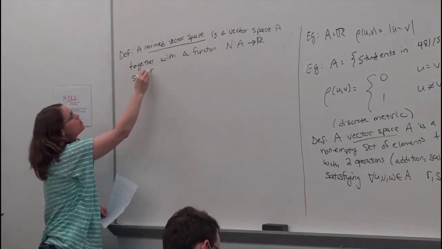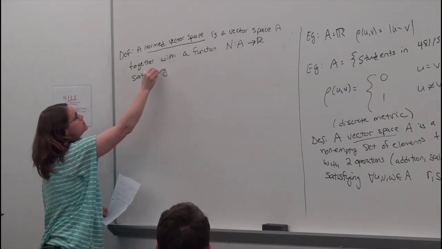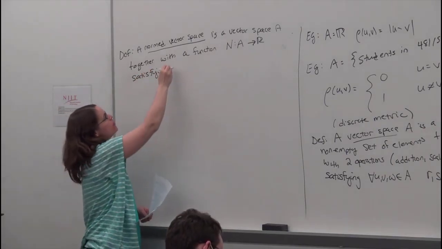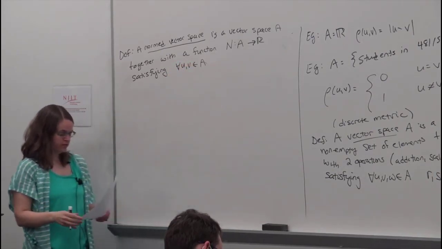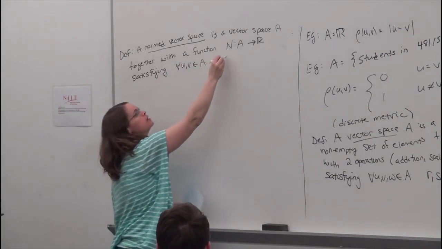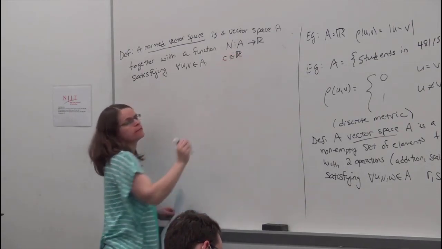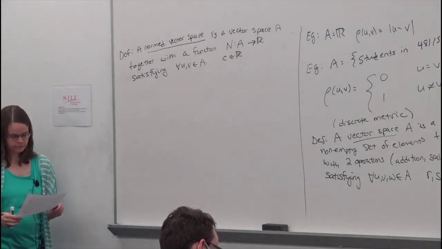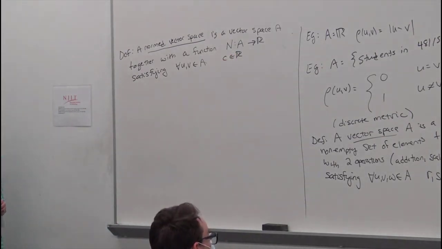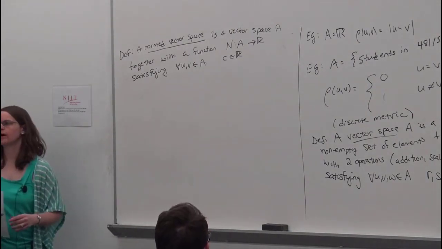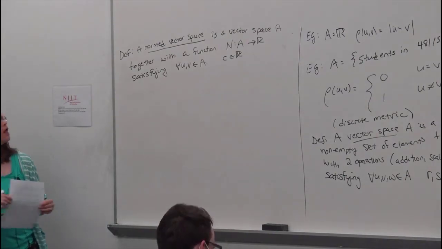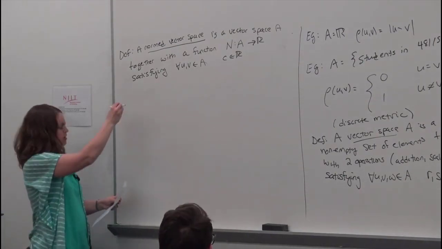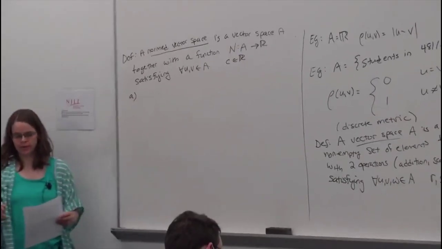And again, there's a couple properties that we want, satisfying that for all elements in our vector space and scalars. So again, the norm is supposed to tell us something about the size of an object, and so we add on here some conditions that we would like.